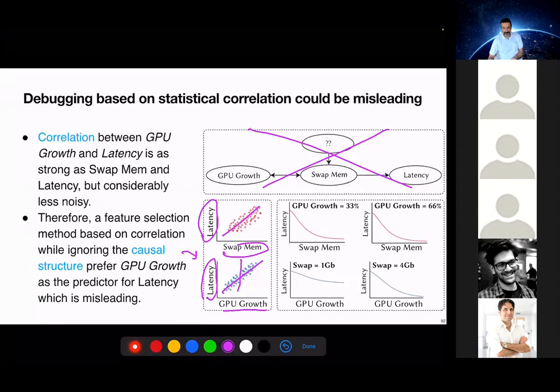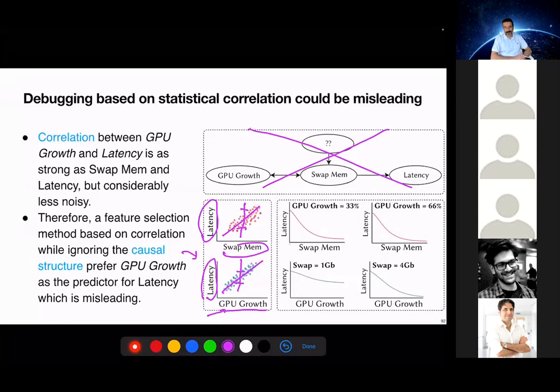GPU growth is a much better predictor than swap memory because it has less variance for predicting latency, and it's less biased with respect to this performance metric. So one may say, hey, I would like to use GPU growth for predicting latency, and that's reasonable by just looking at the data.